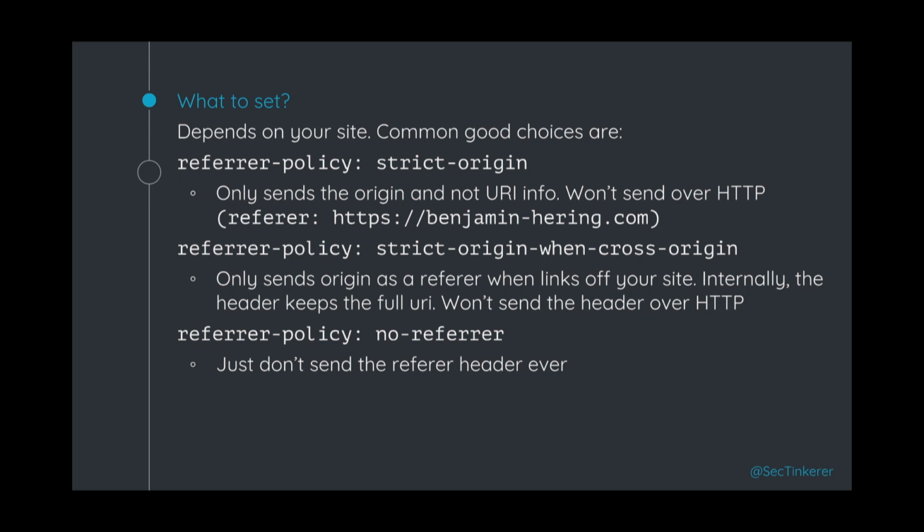Or strict origin when cross origin, which will give the full referrer header as they're bouncing around inside of your site, which is usually helpful for things like user tracking. Various analytics use the full referrer header to help you trace the path that users are taking through your site. Marketing and UI folks really enjoy having that information. But when you go across to a different site, it'll slice off that URI information.